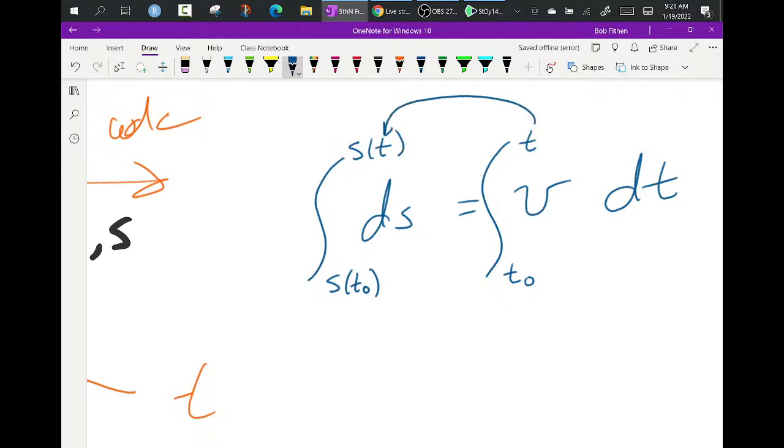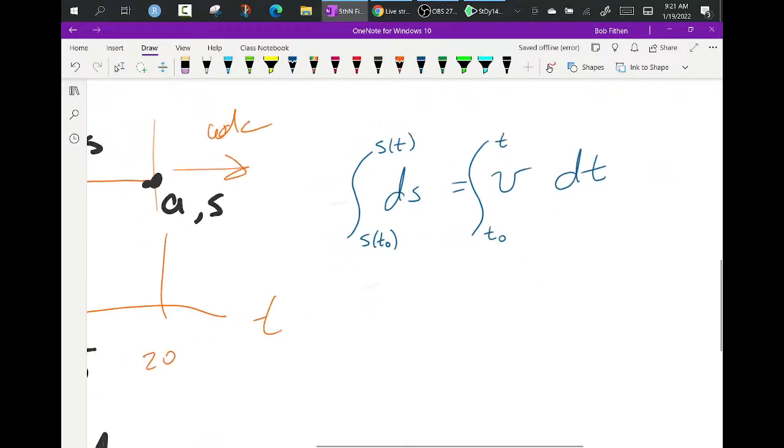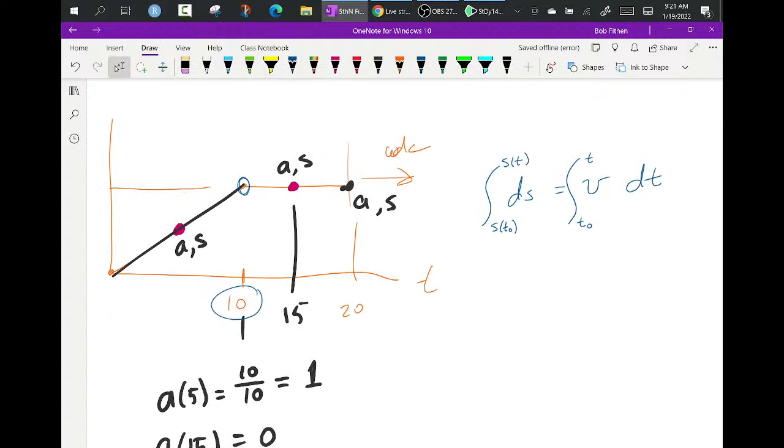Notice these go the same way. Why is that important? Technically, because you have two regions here. You have the region that sits right here, and then you have the region that sits right here.